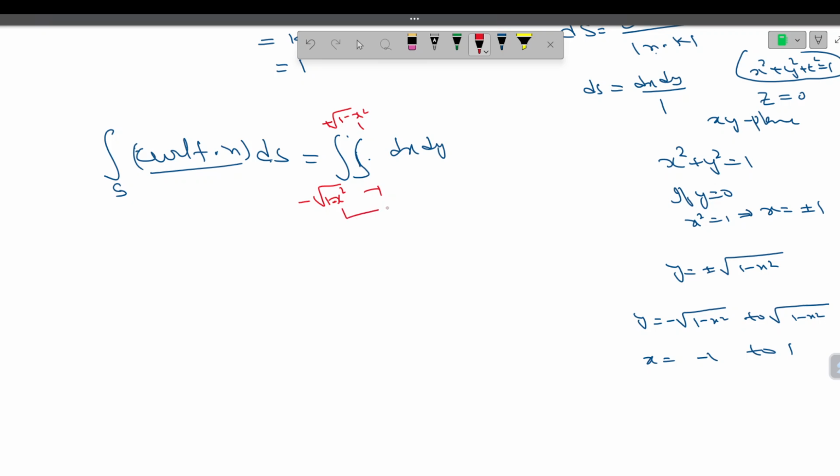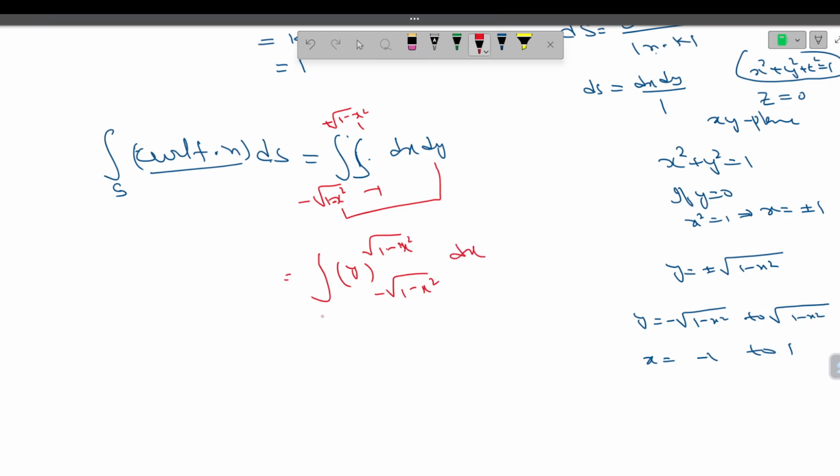So what does the rule say? The rule says the integration having the variable limit should be integrated first. Integral of dy is y. So minus root 1 minus x square to plus root 1 minus x square.